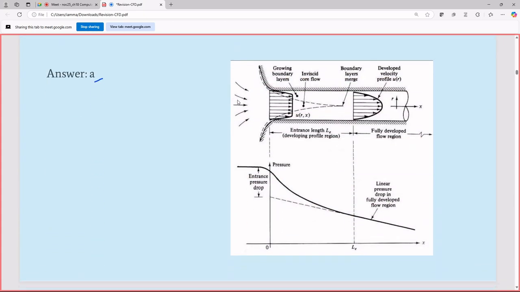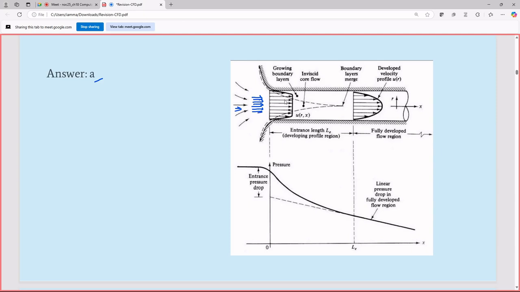Here, this is an image showing the physics of flow inside a tube. From here the flow is entering into the tube. At the entry, the velocity will be all in the same direction, with the same magnitude.